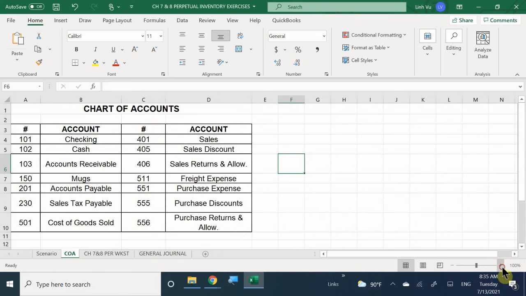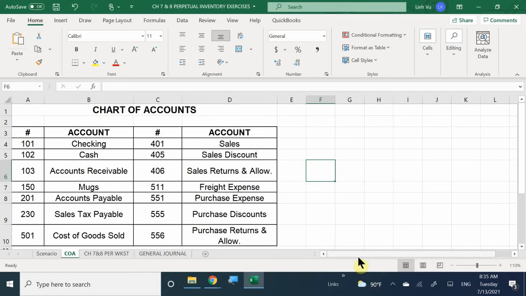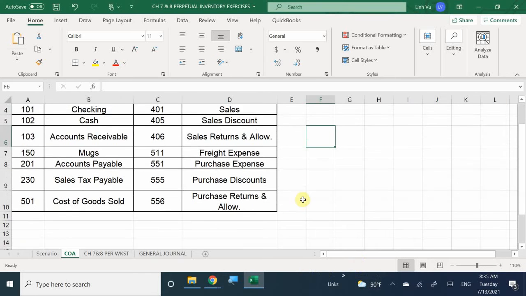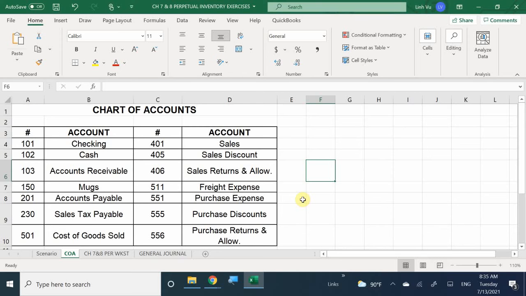Okay, so I'll make this a little bigger for you guys. On the chart of accounts, this is what I can use to journalize. So if I were to journalize perpetual inventory, how should I do it?